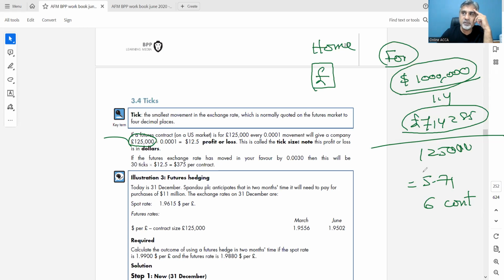Whenever you start with an option and future question, the first thing is you have to decide whether it is a buy contract or a sell contract. Now, in your case, because you have to make payment to someone, you need to buy dollars.